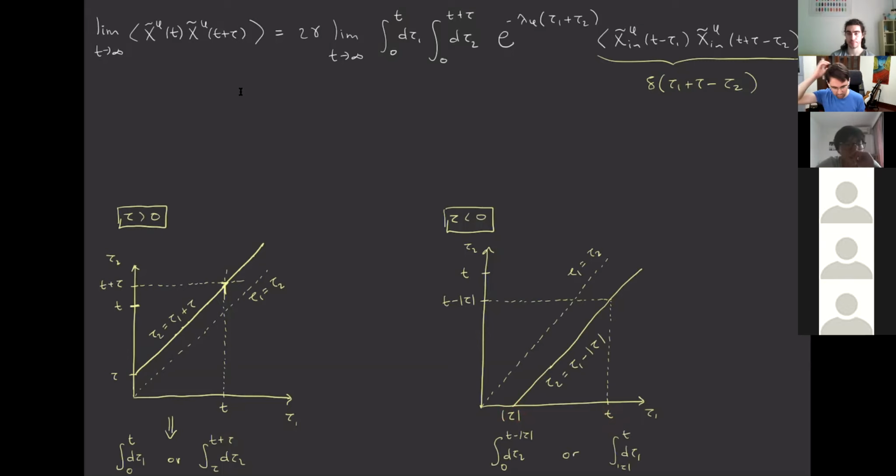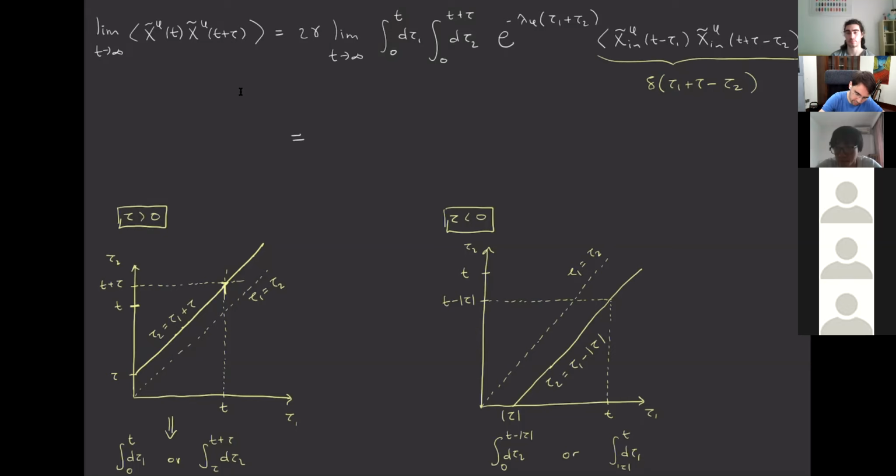So this is the only point I wanted to make: when you have delta functions and different integration domains, and the delta function depends on all the variables of your integration domain, then you have to be careful in how you select the integration domain, okay? And in particular here, if you use these two expressions, then you will get something very easy.